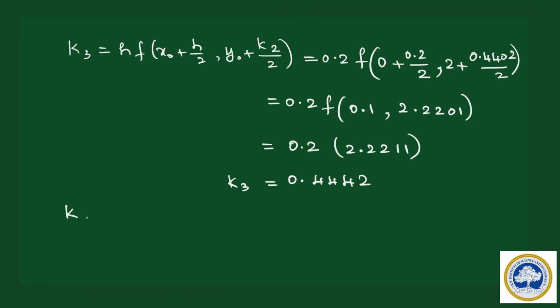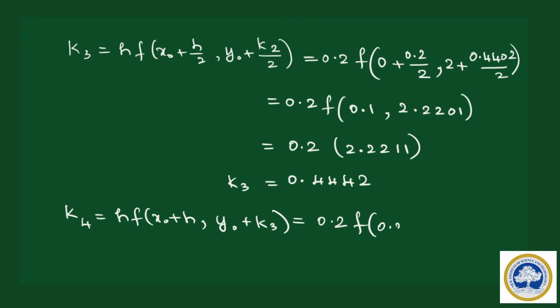Next similarly we have to calculate K4. So K4 is h into f of x naught plus h and y naught plus simply K3, not divided by 2. So here 0.2 into f of x naught plus h is 0.2, because 0 plus 0.2 is 0.2.